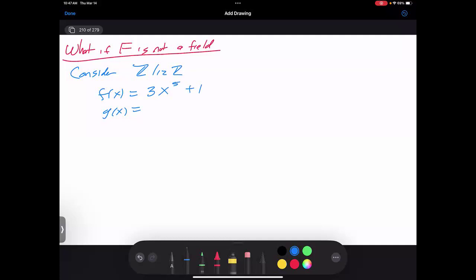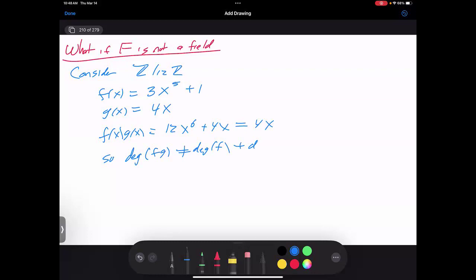Let's take g of x to be 4x. Then f of x times g of x is 12x to the 6th plus 4x, which is really the same as just 4x. So the degree of fg is not the degree of f plus the degree of g.